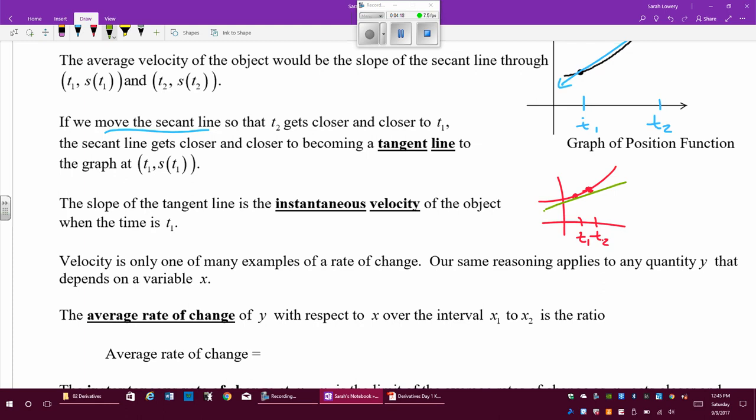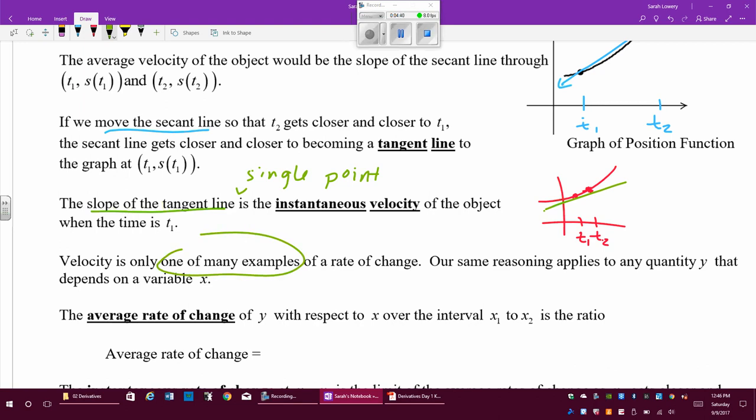Now, the slope of the tangent line at a single point is your instantaneous velocity. Now, guys, I know we're using velocity and speed a lot, but velocity is only one of the many examples of rate of change.